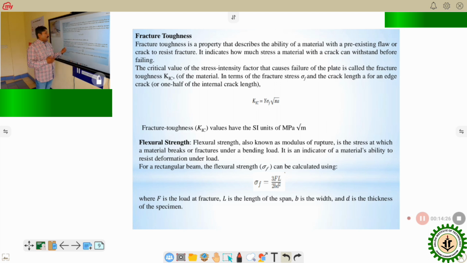That is also one characteristic property of our material, the flexural strength. The formula for getting the flexural strength of any material is sigma f is equal to 3 capital F into capital L divided by 2 B D square, where F is the load, L is the length of the span, B is the width, and D is the thickness of the specimen, the material whose flexural strength we are testing.